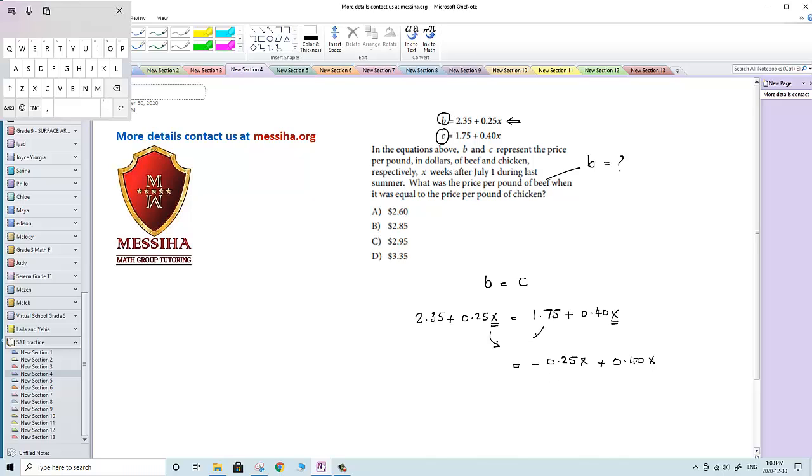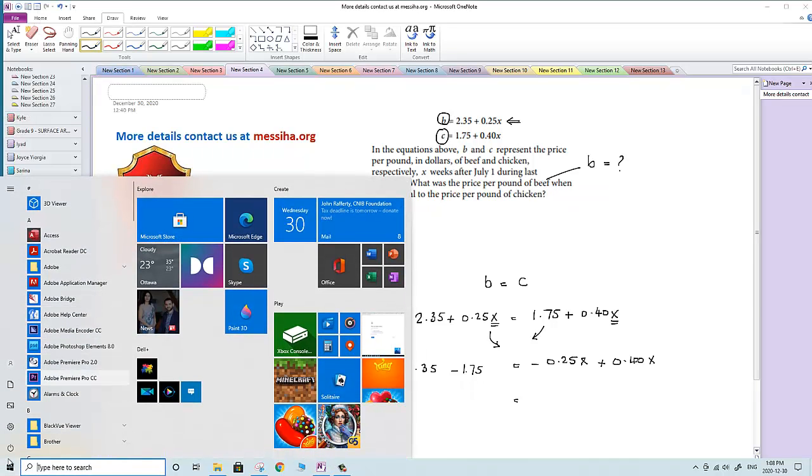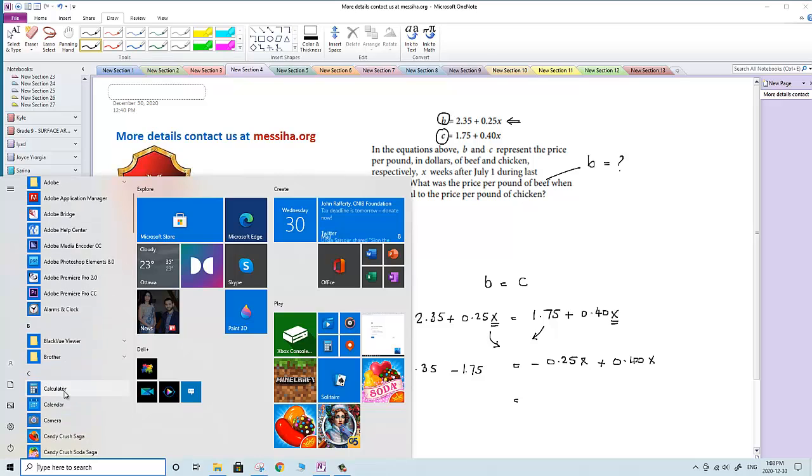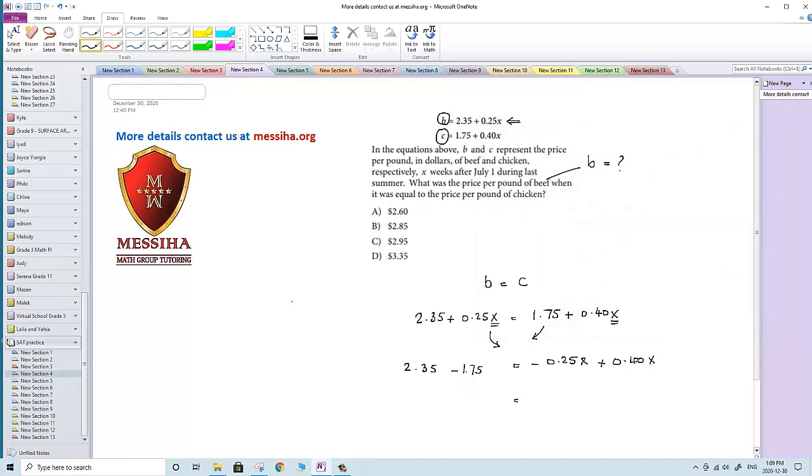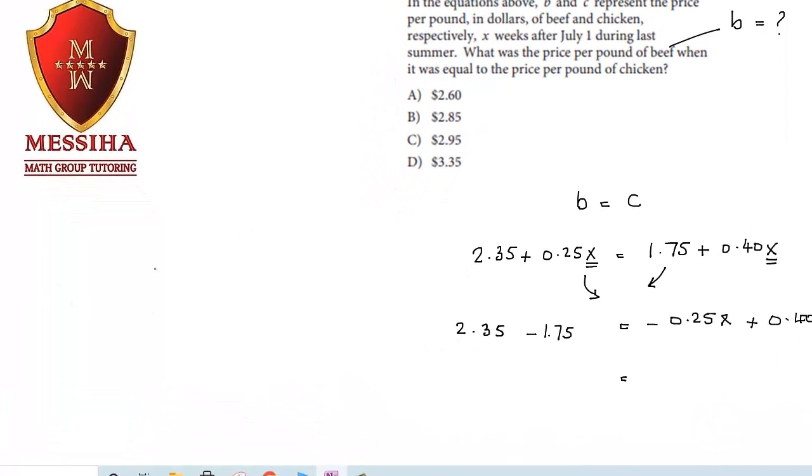And to bring the 1.75 to the other side, I have to bring it as negative, and I keep the 2.35 as it is. This way, I can combine the numbers together, and I can combine the variable x together. I could use my calculator, and sometimes they don't allow a calculator, so let's act as if we are not allowed to use a calculator.